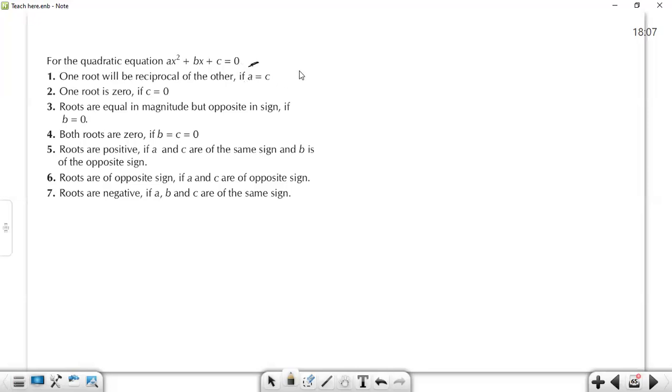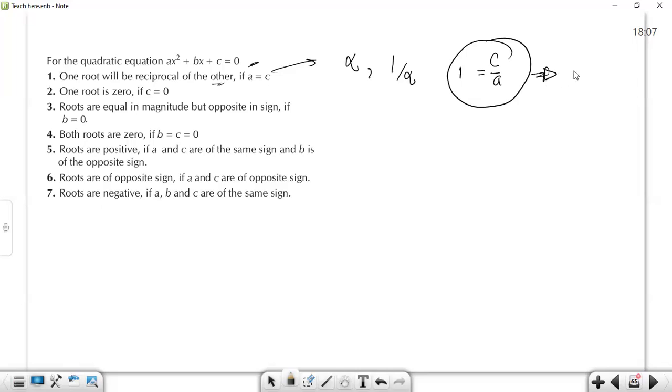This is the quadratic equation ax square plus bx plus c. One root will be the reciprocal of the other, then a is equal to c. Basically, if one root is alpha and the other root is 1 by alpha, the product of roots is c by a, and the product in this case is 1.